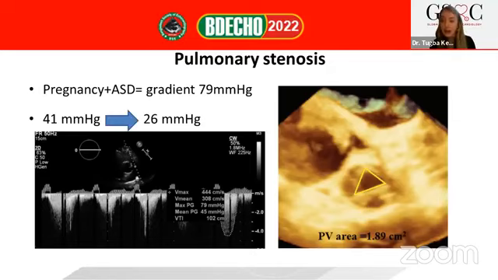Okay, if a patient is pregnant and has severe pulmonary stenosis, we should perform percutaneous pulmonary valvuloplasty. But I didn't like it, because if we do this, it means radiation exposure to the baby. So we were in trouble.